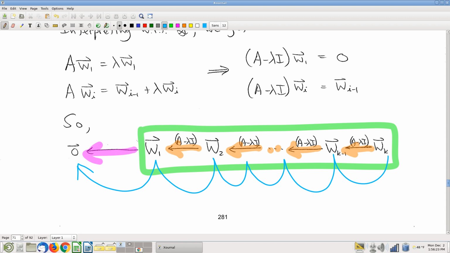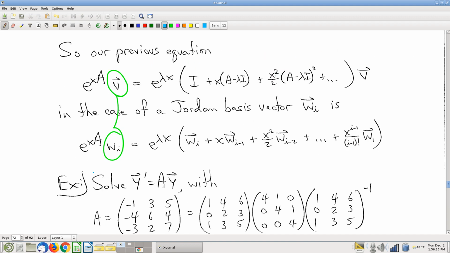So you'll see that at the end of the rewrite of the formula here. However many factors of A minus lambda I, that times v gives you W1, and then all the terms beyond that just give you 0.